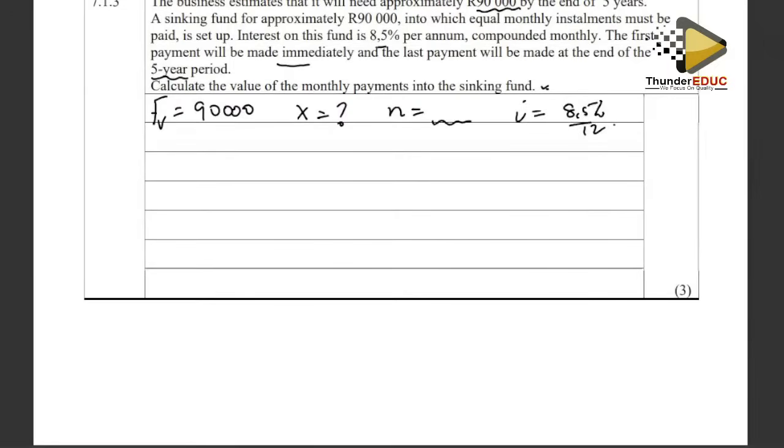Now the problem is, what's going to happen with the n? Okay, now with the n, I'm going to take my n to be 61. Why? Because they are telling us that monthly payments must be paid, and then the first payment will be made immediately, okay? And then the last payment will be made at the end of the 5-year period.